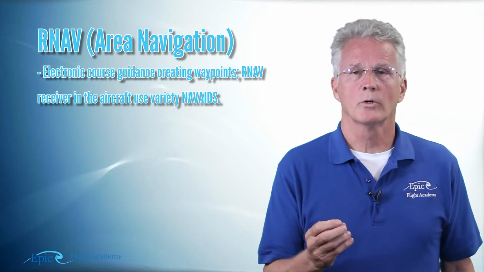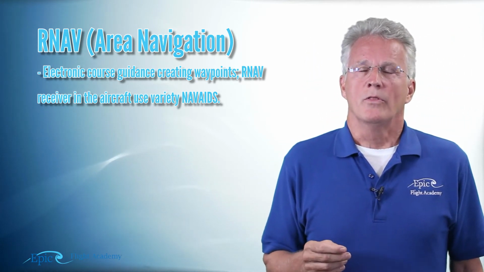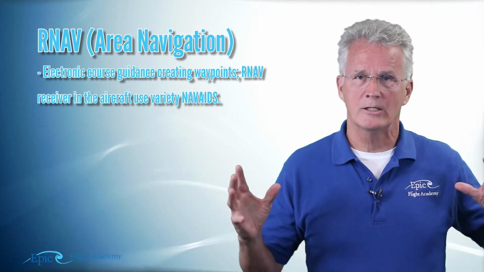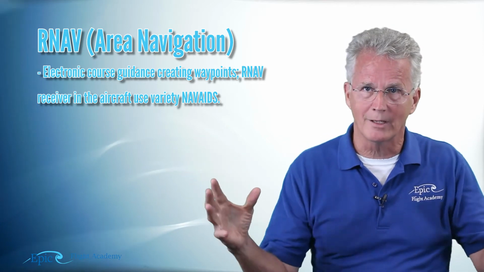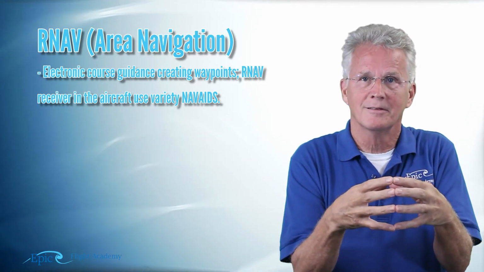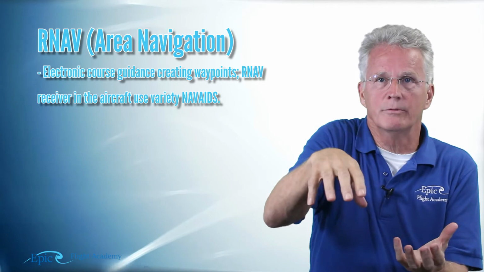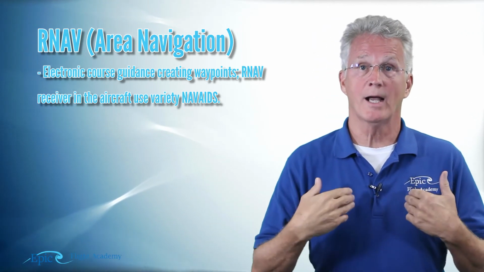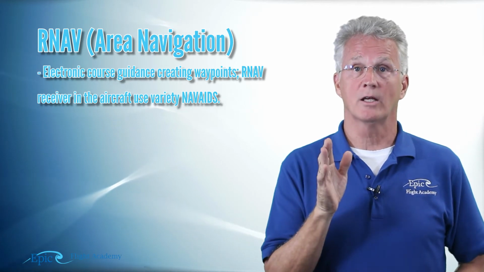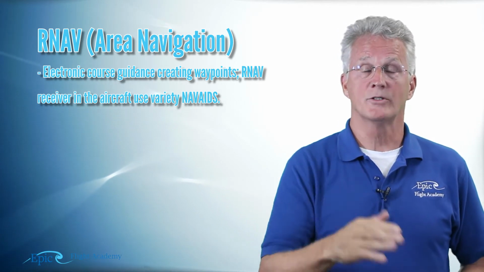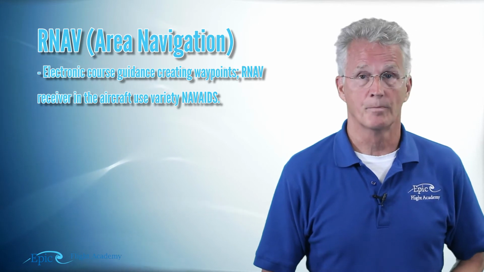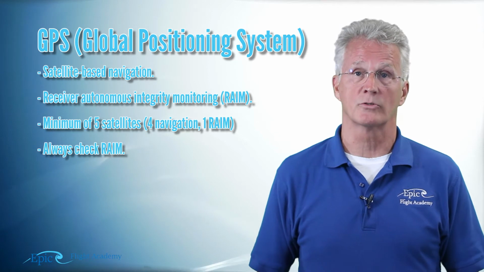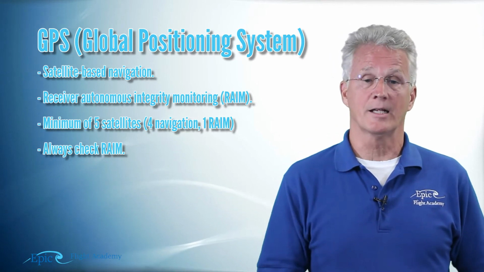And the way this works is the RNAV is a computer that can do trigonometry at the speed of light and actually move waypoints around and allow me as a pilot in my aircraft to navigate directly from one imaginary waypoint to another. And then finally we have GPS, or Global Positioning System. This is the satellite-based system.